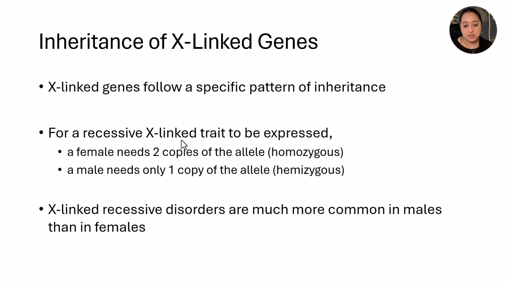Females can be colorblind, but it's just not as common because they need to inherit two copies of that recessive X-linked trait to be able to express that and be colorblind. So yeah, if a female is colorblind, you'll have to look at the parents, like they both have to be, or the dad for sure has to be.